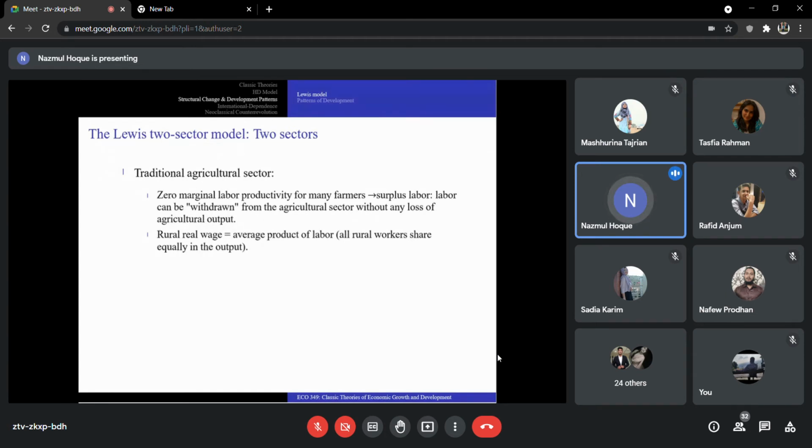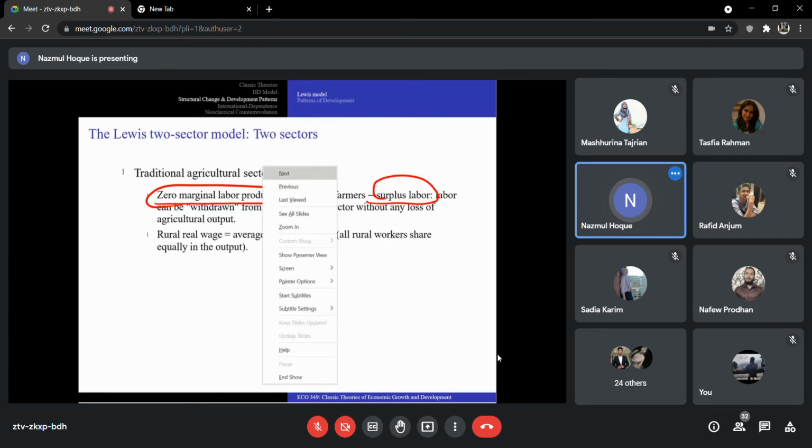So traditional sector, I think I already talked about this or no? Anyway, I don't remember. So traditional sector's characteristics include zero marginal product of labor. Workers that have zero marginal product of labor are going to be referred to as surplus labor. So can someone tell me what is marginal product of labor?